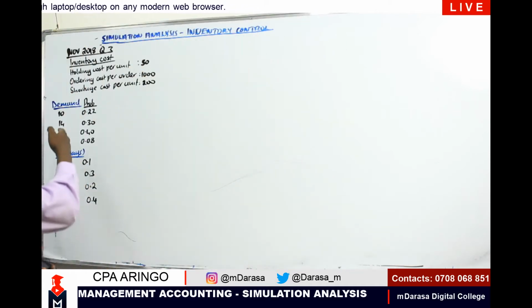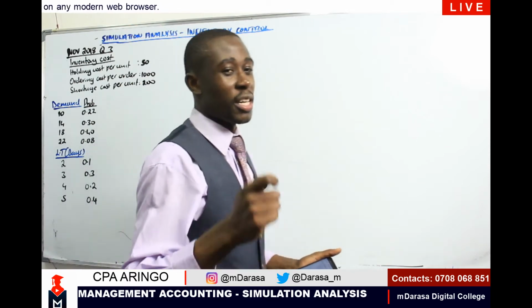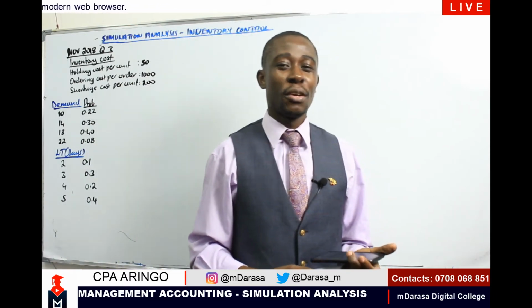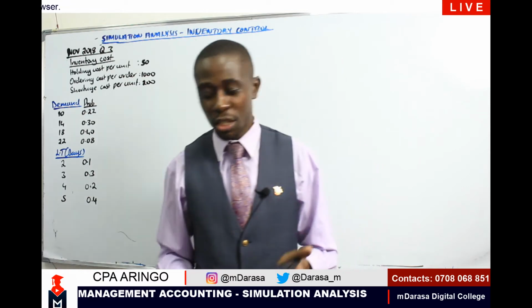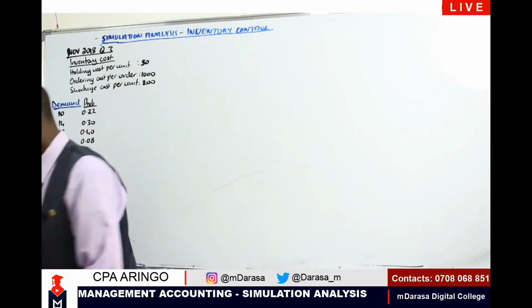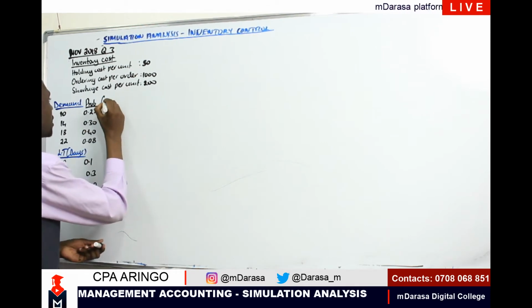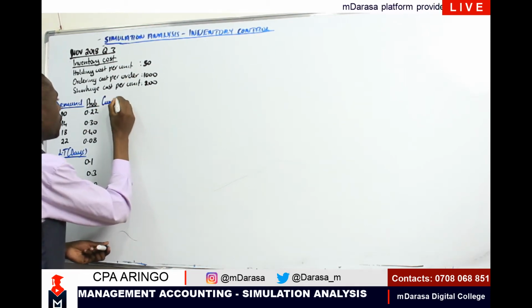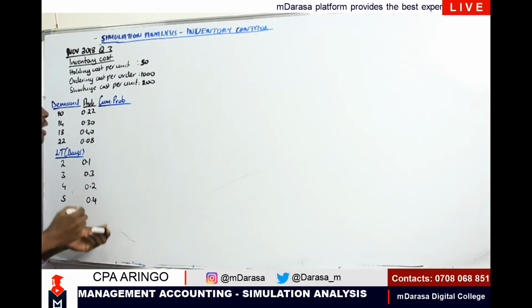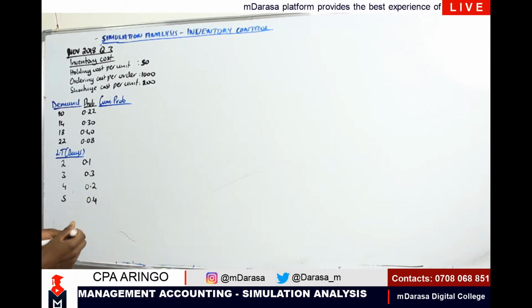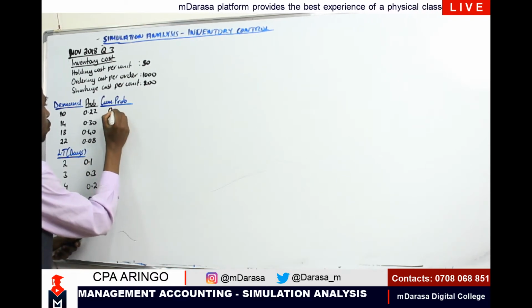After we've identified our variables and their probability distribution, second step, we have to prepare our cumulative probability distribution. How will you prepare it? I'm having 0.22.